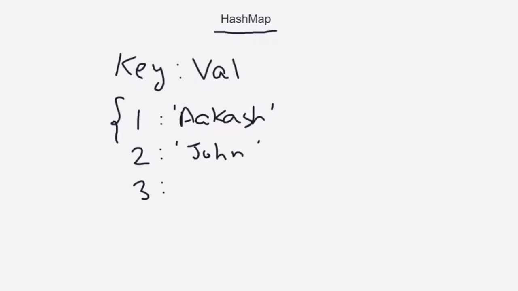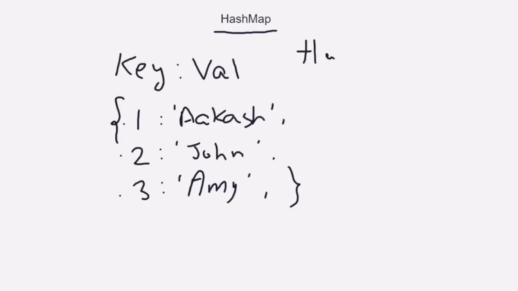Suppose for 3, we have another name. All right, these are commas. So you can see that the 1, 2, 3 are simply keys, and for each we have a single name: Akash, John, and Amy.